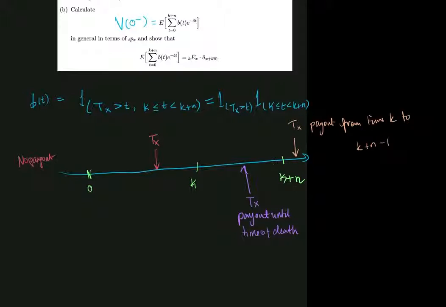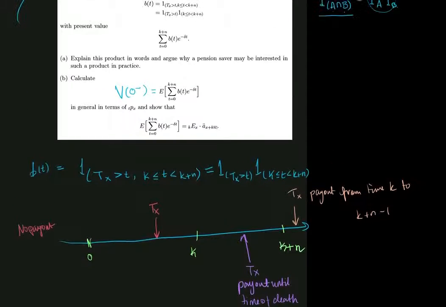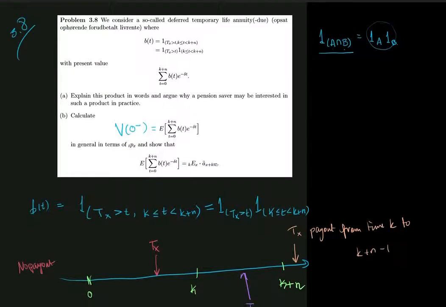Yes, so the maxed out positive scenario is the case where there is payout in times k, k plus 1, and then k plus 2, and so on up until k plus n minus 1. So there are these three different scenarios that we may consider.